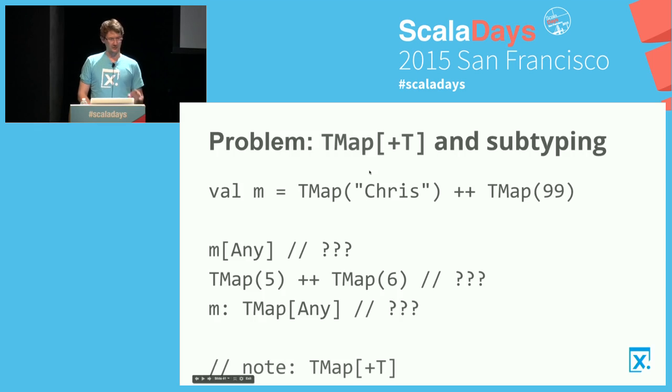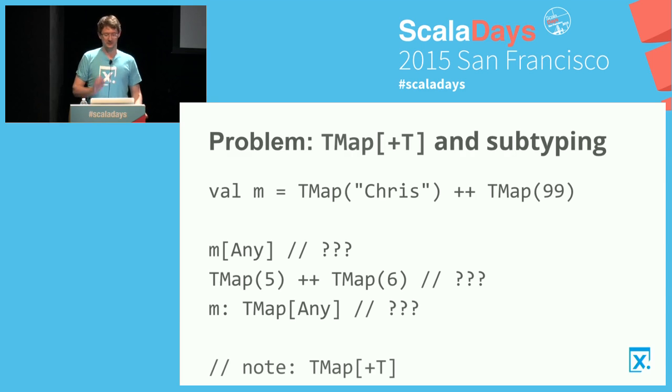So another problem we have, and that's the problem Miles basically talked about, a covariant TMap and subtyping are a problem because you could look up an element that doesn't exist, or you could kind of merge TMaps with the same elements and one sort of disappears, or you could upcast them because now they're covariant, we just made them covariant, and you could lose information.